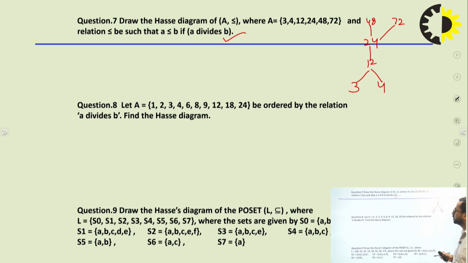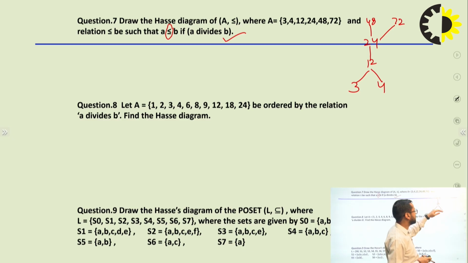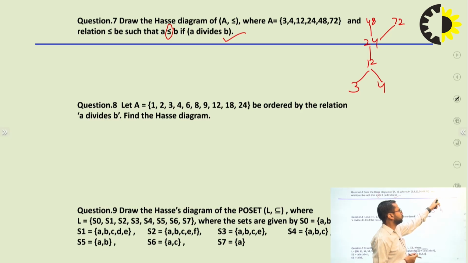Because these elements are based on the concept that less than or equal to means A divides B. This operator represents that A divides B. So as per the given elements and relations, 3 and 4 will be placed at the bottom level, then 12 will be placed at the upper level, then 24 at the next level, and at the last, the elements 48 and 72 will be placed, because these are multiples of 24: 24 times 2 is 48, and 3 times 24 is 72. So we put these values.